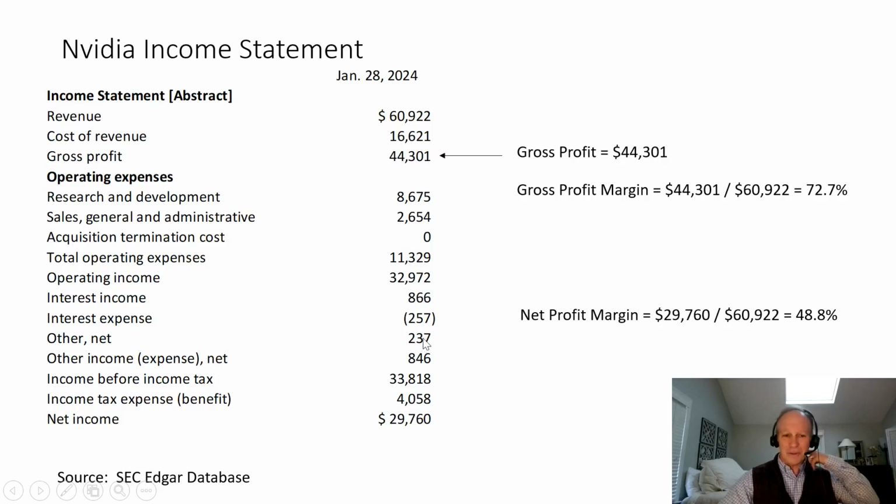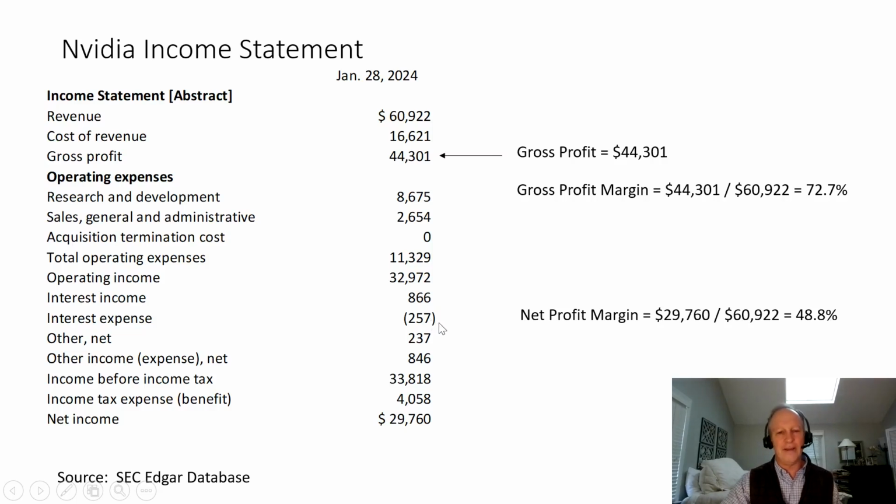Now notice the difference with Walmart. With Walmart, income was in parentheses, but with Nvidia, the income is positive. It's not in parentheses, and the opposite for expenses. Every company has a little bit of leeway in how they express things on their income statement.